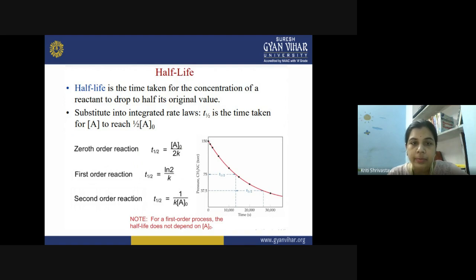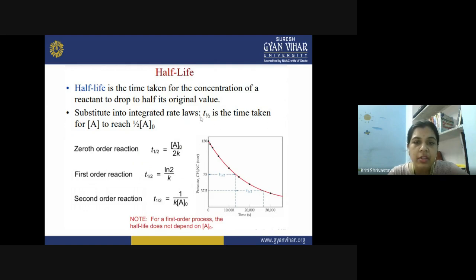Now, because we have obtained the different integrated rate laws, we can obtain the expression for the half life of different reactions. Suppose you replace, in the integrated rate laws of different order reactions, the A with A half, because the concentration becomes half in the half life, and t half is actually the time taken.